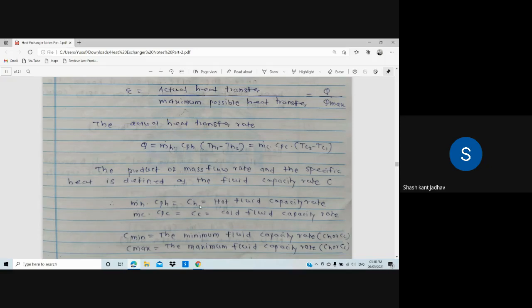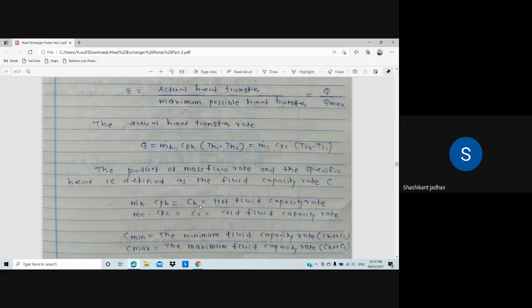So all of you write down: the product of mass flow rate and the specific heat is defined as the fluid capacity rate C.